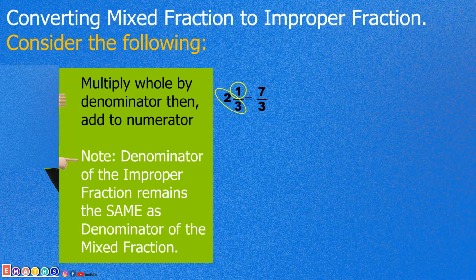And please remember that the denominator of the improper fraction always remains the same as the denominator of the mixed fraction. Now we're going to put this on autoplay. Please follow up and see if you can figure out how to do it.